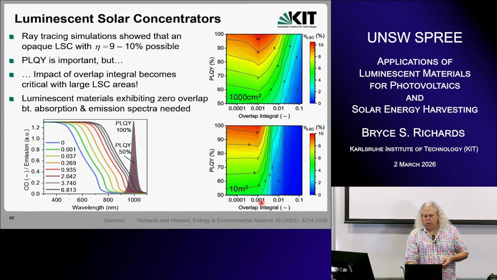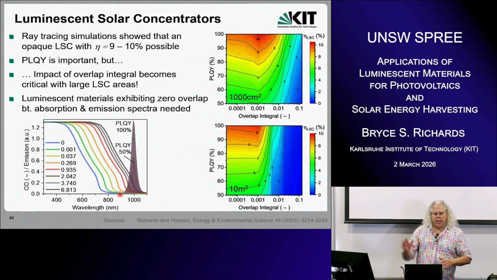Now, to graphically illustrate what that means, this overlap integral, you have to look across to this graph. So you want to be somewhere, let's say, below about 0.001. And that's the overlap integral between your emission spectrum and your absorption spectrum. And 0.001 corresponds to this green curve here. So this is a perovskite coming in.